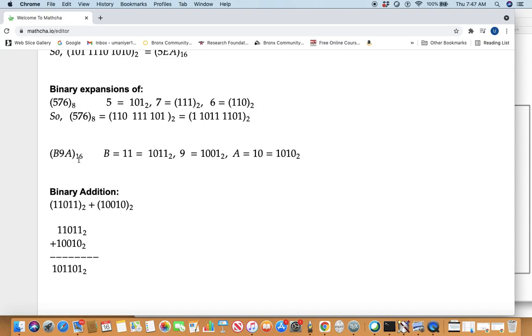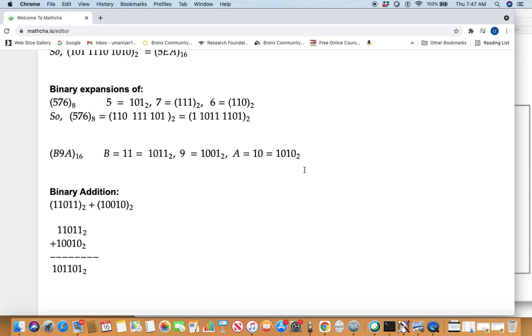Here is the hexadecimal description. Again, B is 11. 11 is 1011 base 2. 9 is 1001 base 2. A is 10, which is 1010 base 2.